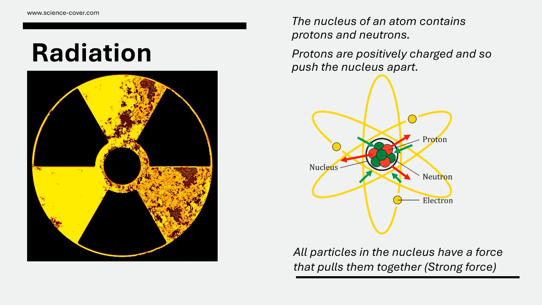Now luckily, there is another force acting inside the nucleus called the strong force. And this acts between all protons and neutrons, and it's an attractive force, so it's pulling the protons and the neutrons together. Now as long as these two forces are in balance, then the atom is stable.